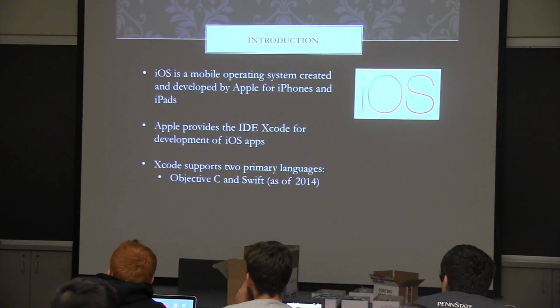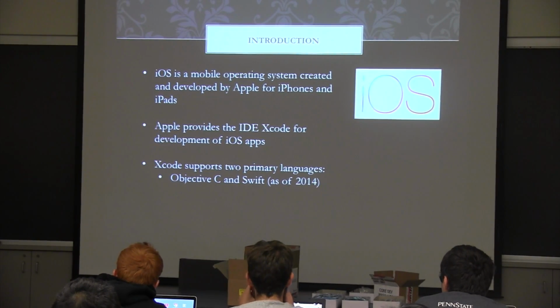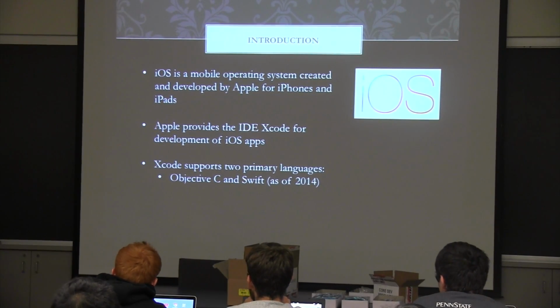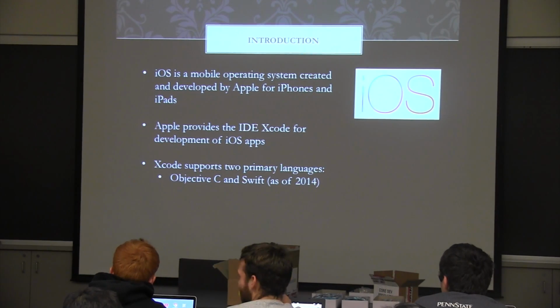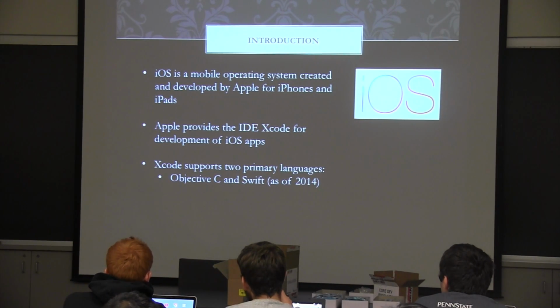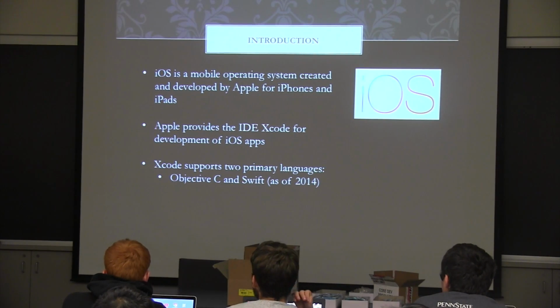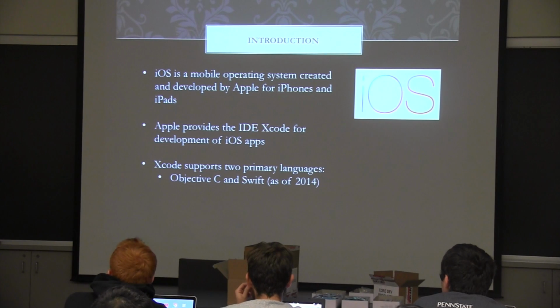It was announced at WWDC in 2014. Swift 2.0 just came out at WWDC in May or June. And since it's so new, lots of companies are trying to start switching over to Swift, but they don't want to make their production environment unstable, so usually you see Swift in side projects, but not in actual apps quite yet.